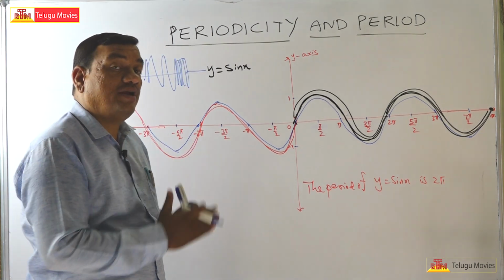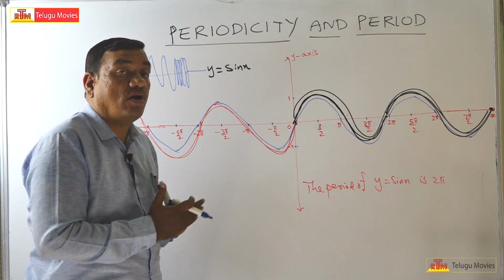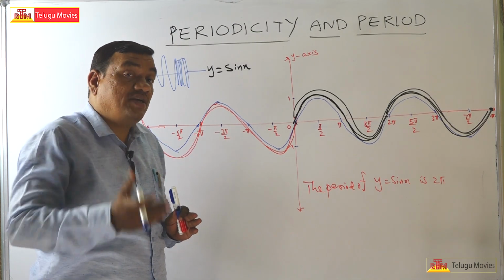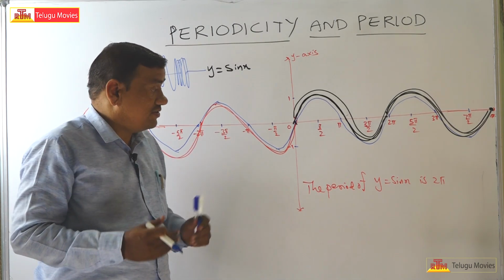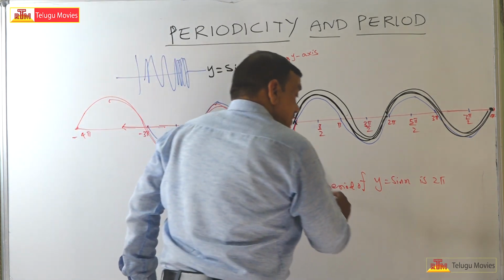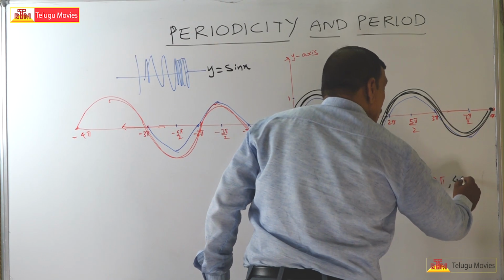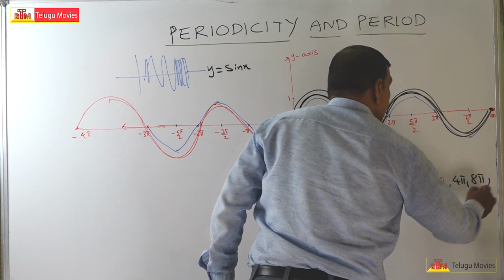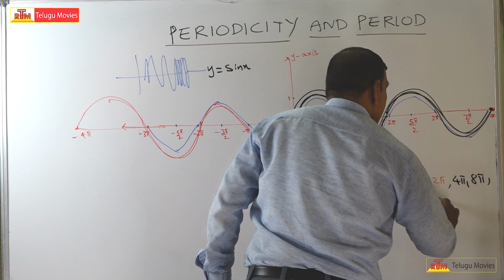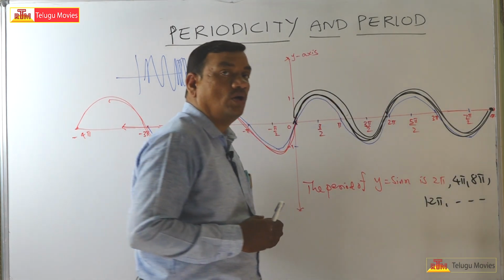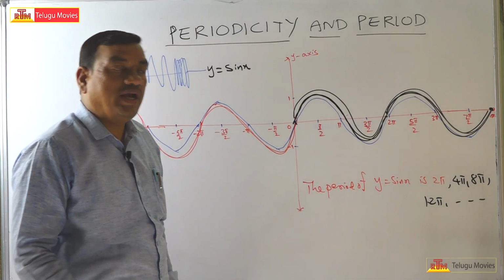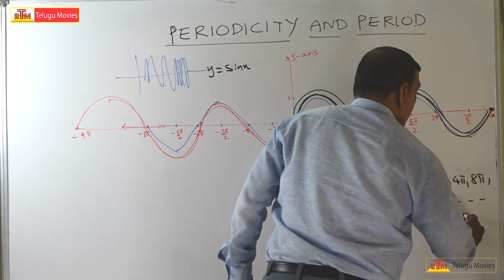Getting the same shape or not? Yes. Therefore, the periods of y is equal to sin x are 2 pi, 4 pi, 8 pi, again 12 pi, and so on, 2n pi.